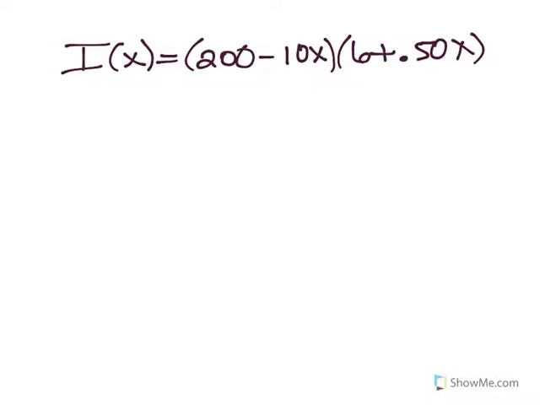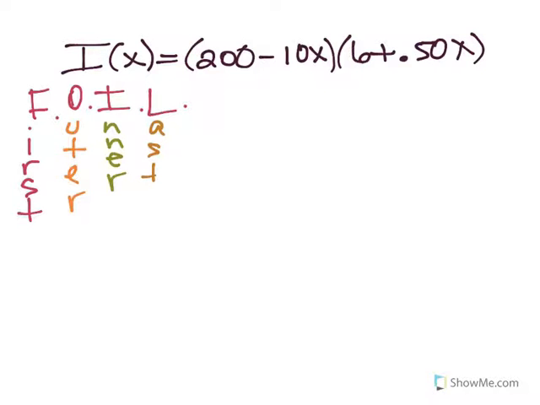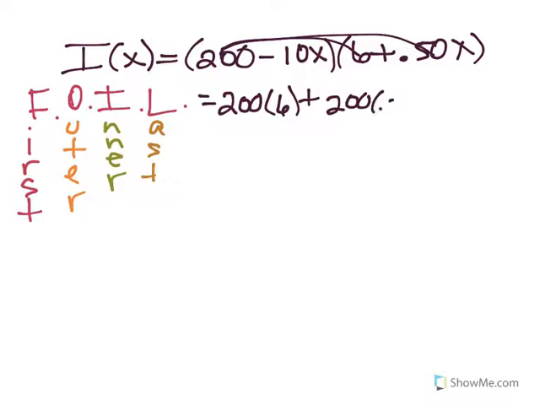So to do this, first we need to do what's called FOIL, and that stands for first, outer, inner, last. Or you can call it double distribution. Okay, so we're going to take 200 times 6, then 200 times 50 cents x, then we're going to take negative 10x times 6, and then negative 10x times 0.50x.